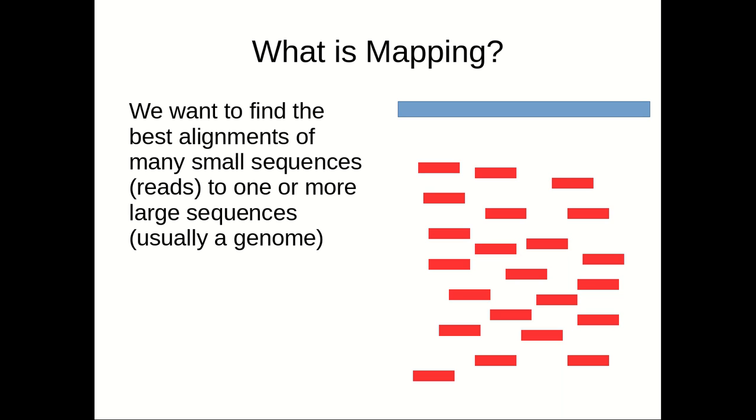The basic structure is that we have a lot of small reads and one very large sequence, and we want to find the best alignment of all of those small sequences to that large sequence. And this really requires a different approach than classic sequence alignment. The algorithms that you use for classic sequence alignment, like BLAST, you're really not going to use for this, and we're going to have completely new software that we're putting to work.